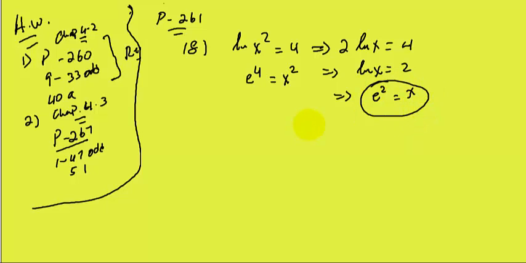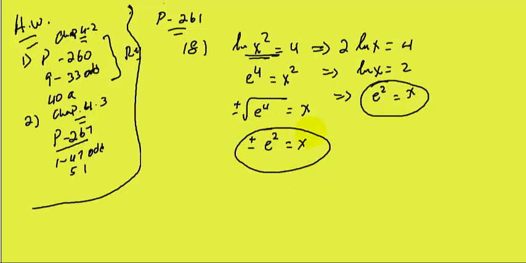Okay, so now if you went that path, you're going to get e to the second is equal to x. Now when you go this way, the way it initially started, I want to get plus or minus square root of e to the 4 is equal to x. Of course, square root of that is going to be plus or minus e to the second is equal to x.